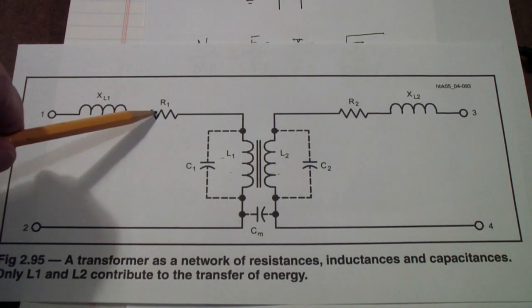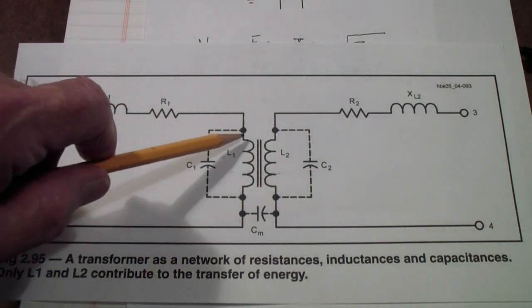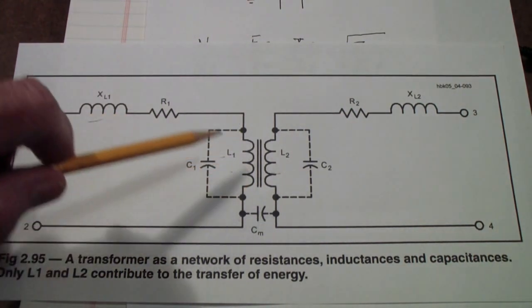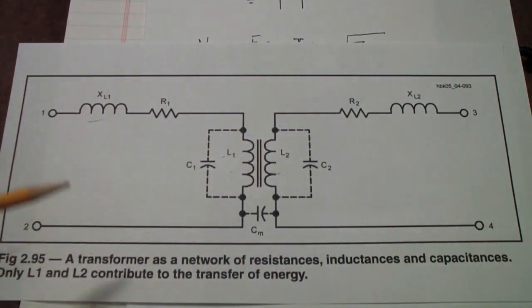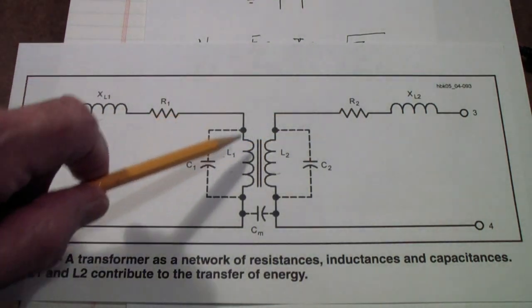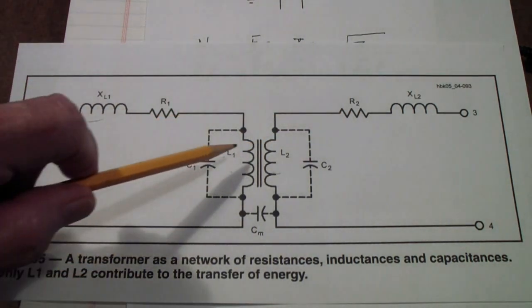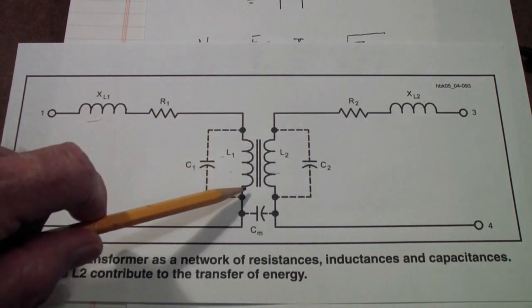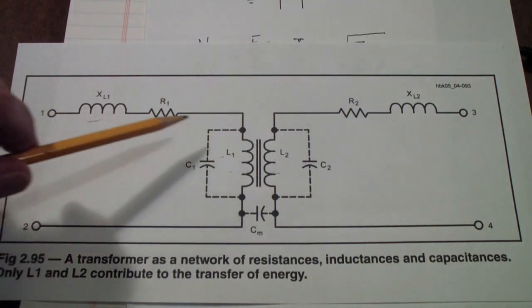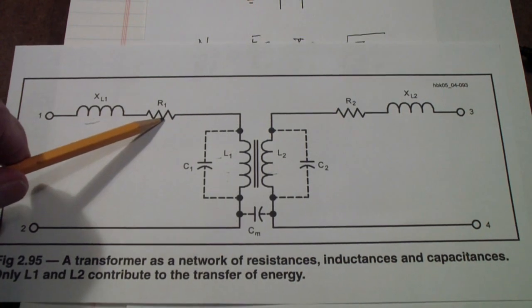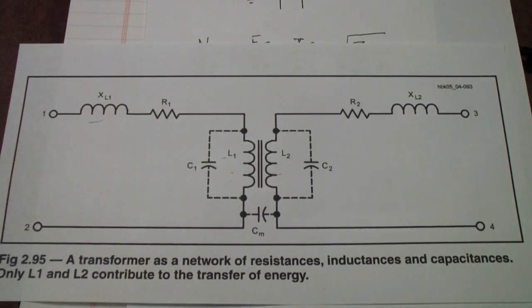Finally, there is a resistance that is in series with the primary and in series with the secondary, which just represents the resistance of the wire that's being used. Often this is very fine wire and at many turns, so the DC resistance can often be relatively large.